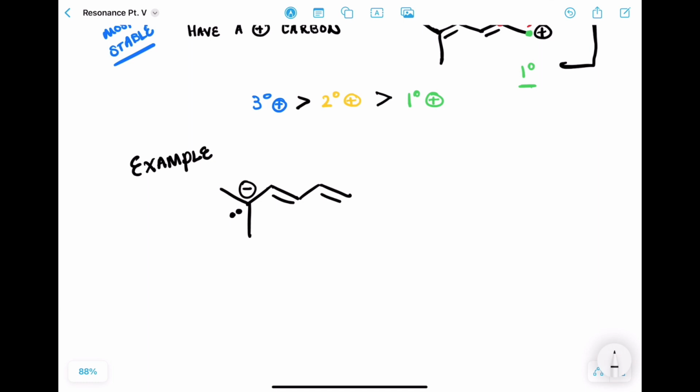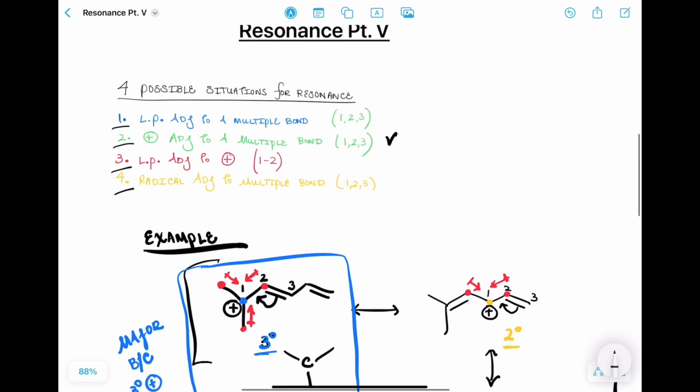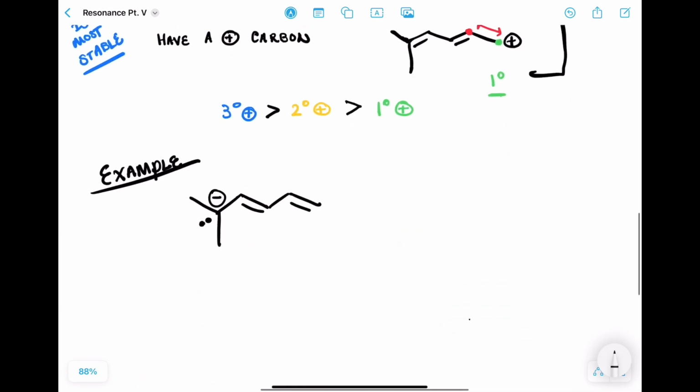Right? And so what we have here is essentially a negative charge adjacent to a bond. If we look back at our 4 possible situations for resonance, we see that it will be number 1, a lone pair adjacent to a multiple bond.